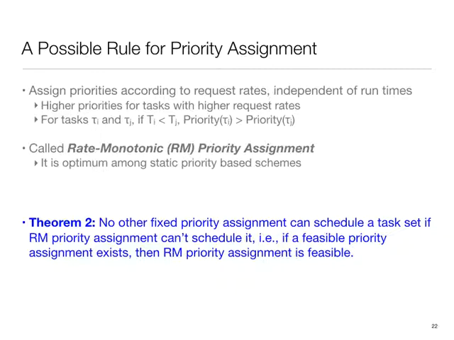Or put another way, if I give you a set of tasks and I tell you you have to assign priority statically, with no runtime manipulation of priority, then all you have to do is assign rate monotonic priority, that is, give highest priority to lowest T, and check whether you still meet all the deadlines. If you don't meet the deadlines with this assignment, just give up.